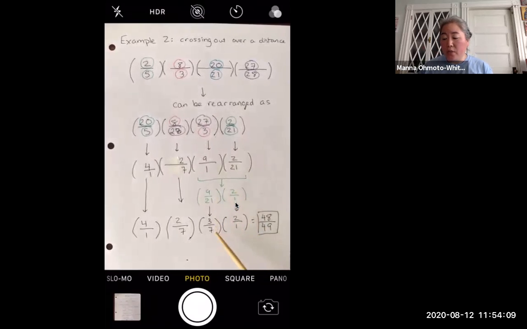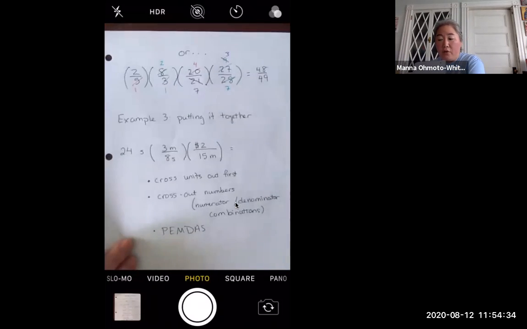So 9 over 21, 3 goes into both of them, so 9 over 21 can reduce to 3/7. So now what I can then do is multiply and divide numbers that are much easier to multiply because they are smaller numbers. So 4 times 2 is 8, times 3 is 24, times 2 is 48, and then 7 times 7 is 49.